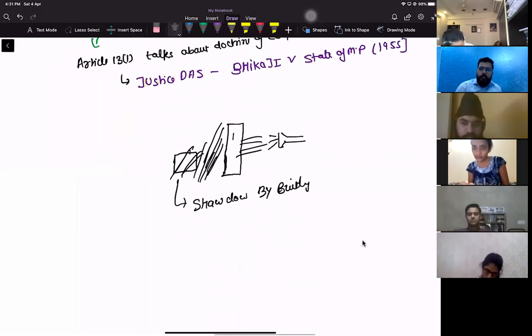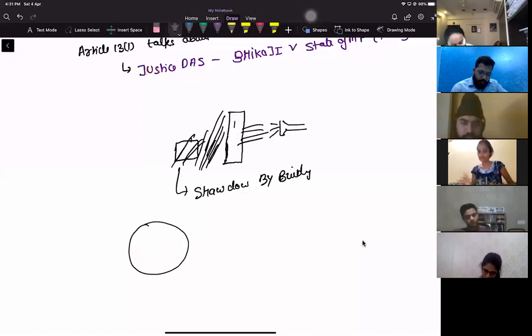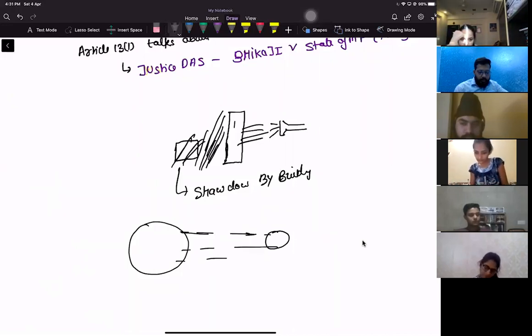For example, if you see Chandra Grahana, जिसको ग्रहण सुना है? For example, धरती है and this is चांद. Suppose this रोशनी का प्रोसेस है. अचानक से कोई चीज बीच में आ जाती है.